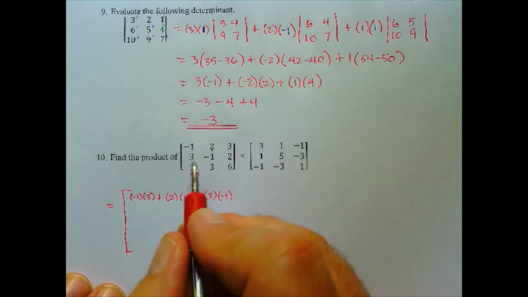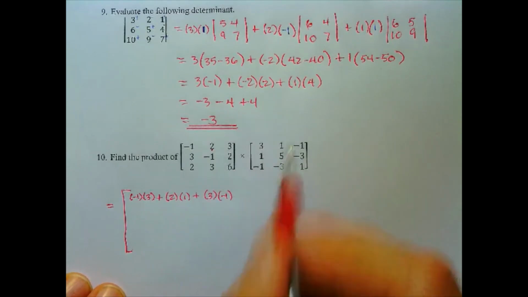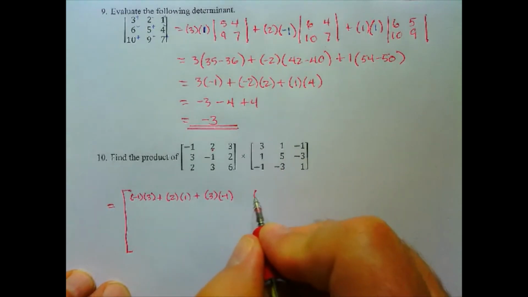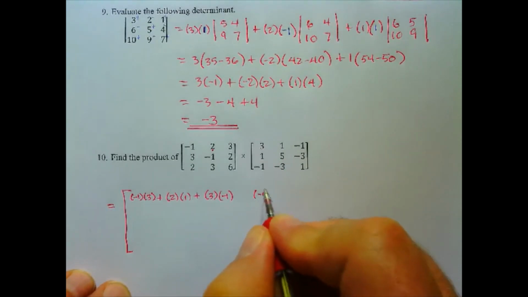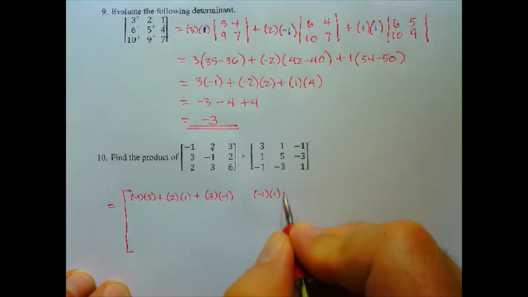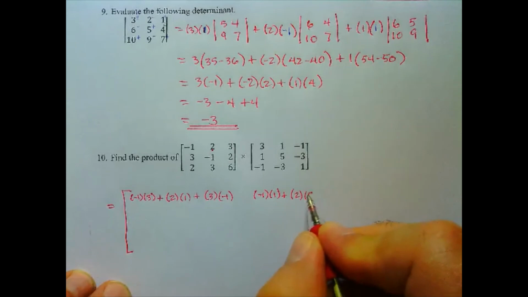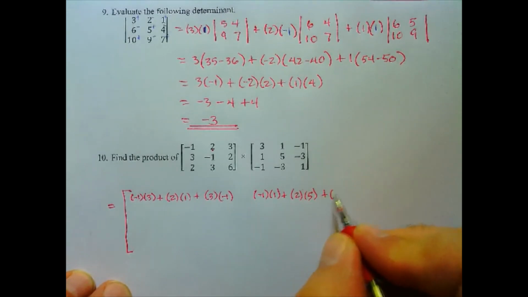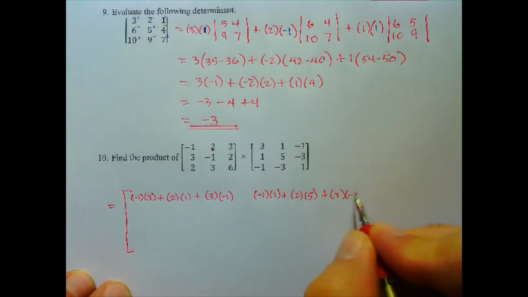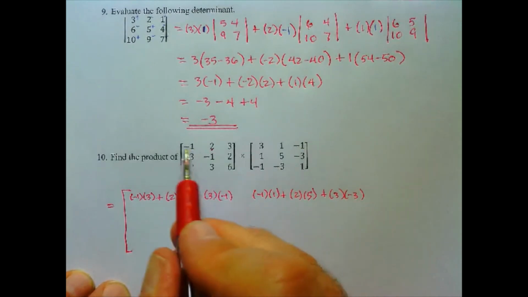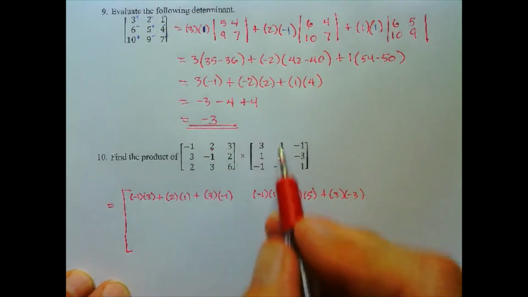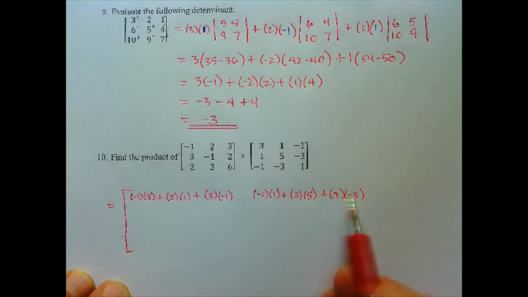Okay, and then we can go across, so the next one will be -1 times the 1 plus 2 times the 5 plus 3 times the -3. And so that will be this row times that column gives me this element.